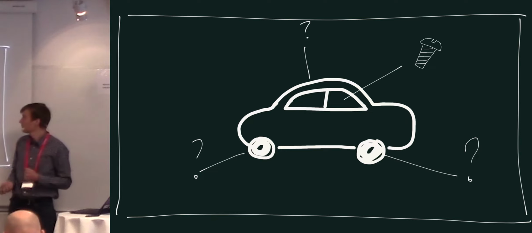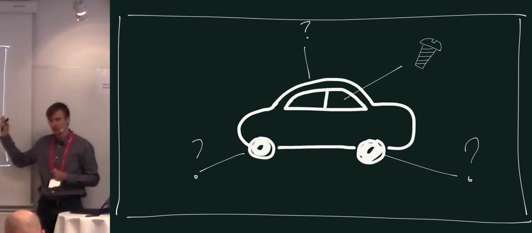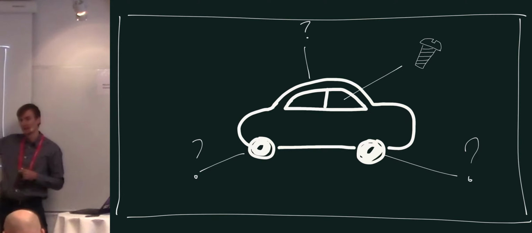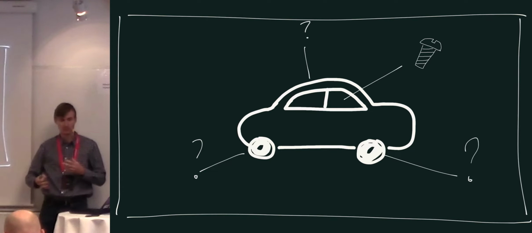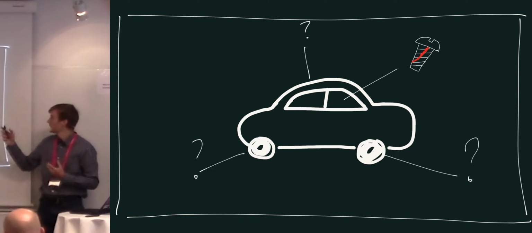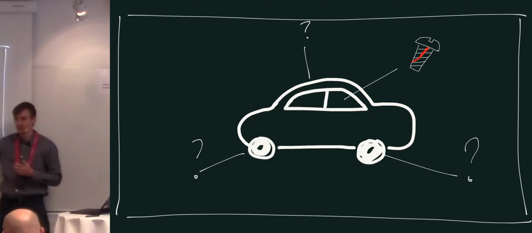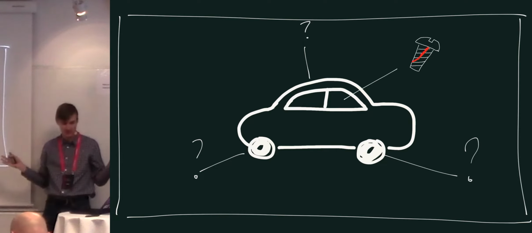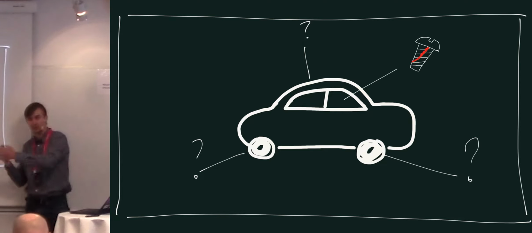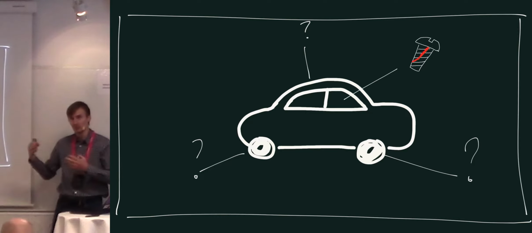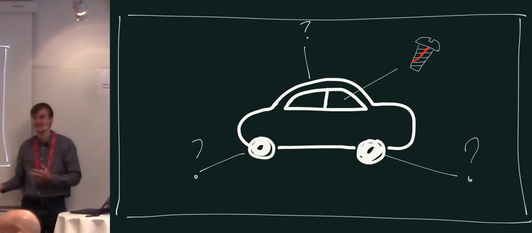And even more, let's say there is a screw, and you learn that the supplier of that screw screwed up, and there is a tiny red line on it where it just falls apart if you start using it in a car. So this screw is vulnerable, right? And then if you learn that, what would be your next steps?